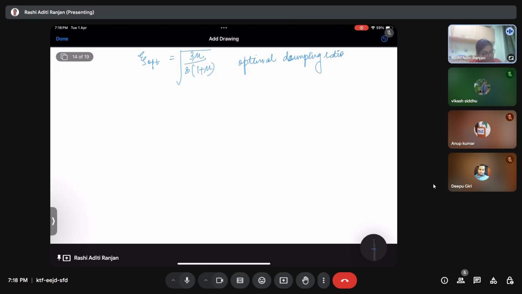If I put the value of mu, what am I going to get? 3 by 8 divided by 8 into 1 plus 1 by 8, which is 9 by 8. So we'll have 3 by 72, correct? And calculating it, it's going to be 0.04167.